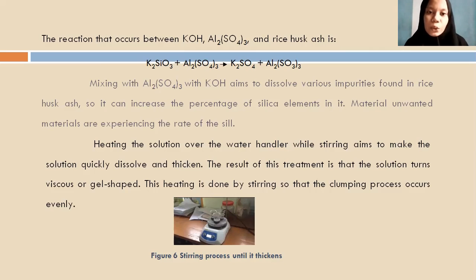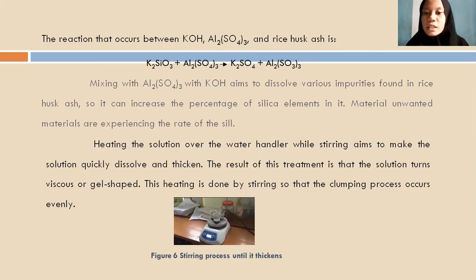Mixing Al2SO4 3 with KOH aims to dissolve foreign impurities found in rice husk ash, so it can increase the percentage of the silica element in it. Heating the solution over the water bath while stirring aims to make the solution dissolve quickly and thicken.